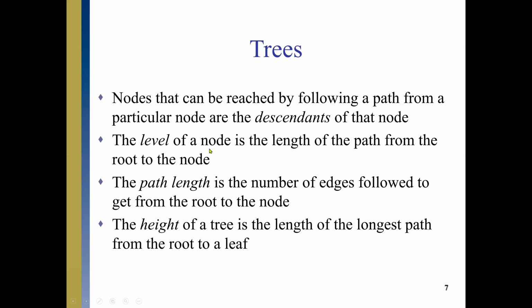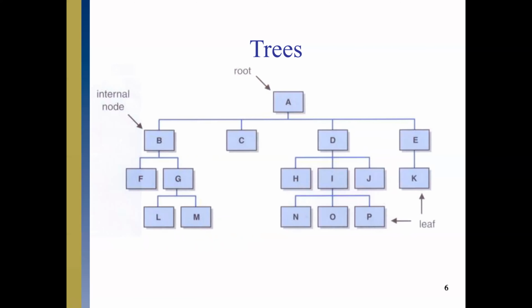Here we say any node that can be reached by following a path from a particular node is called a descendant of that node. For example, I can reach from A to N, and my path can be A, D. When I go to D, I'm not going to go to H, because H is a leaf.